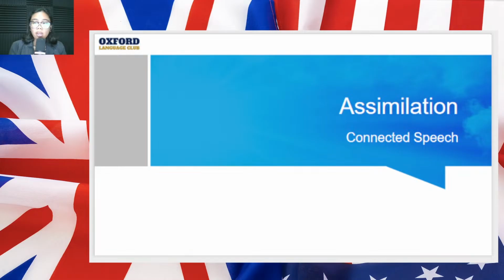With assimilation, sounds do not disappear, instead, they change. They become more like other sounds that are very close to them in a word or a sentence. Just like elision, this process helps people speak more easily and quickly. It helps to make words and sentences blend together without any stops or difficult mouth movements.